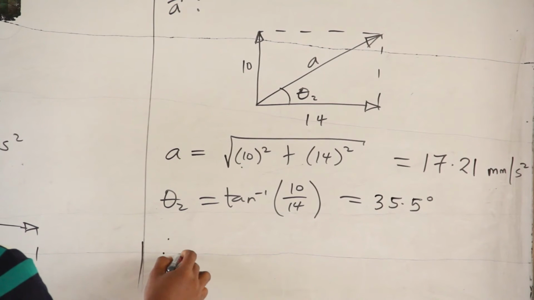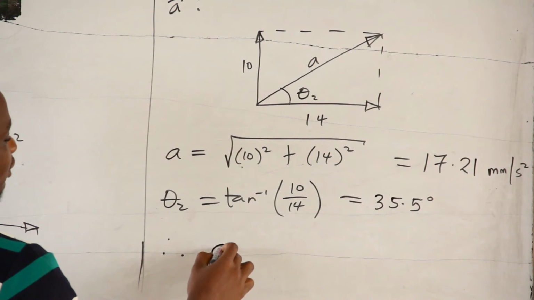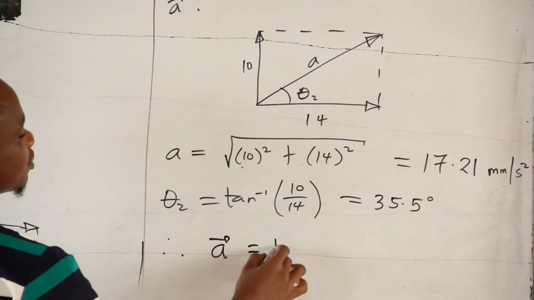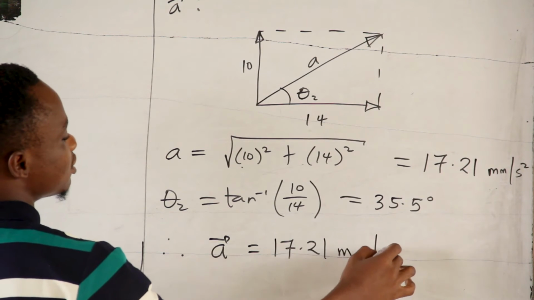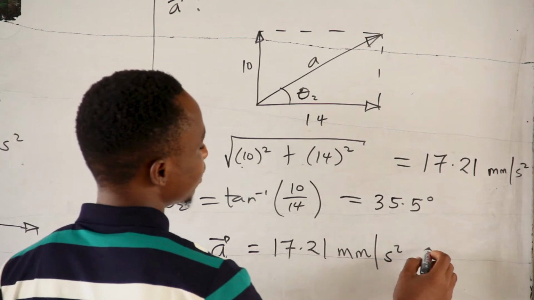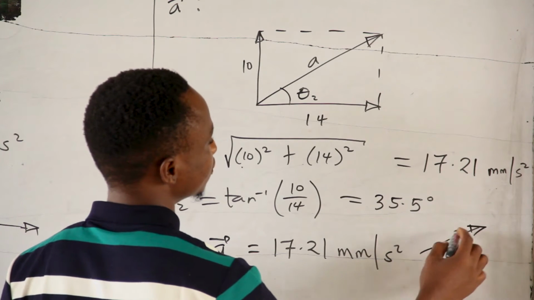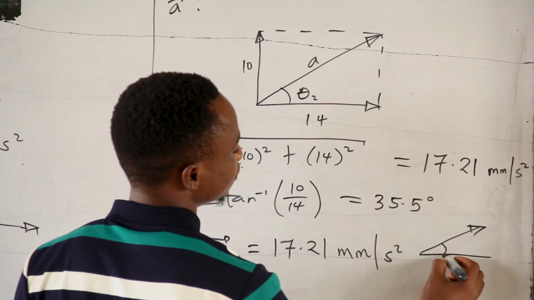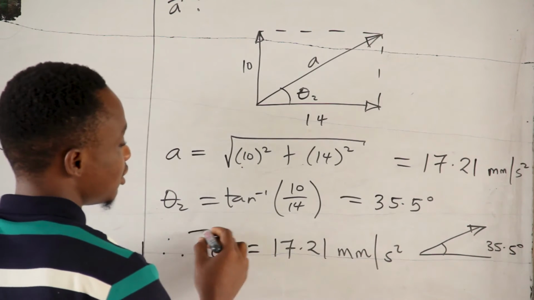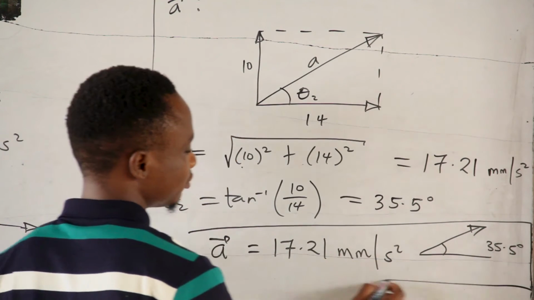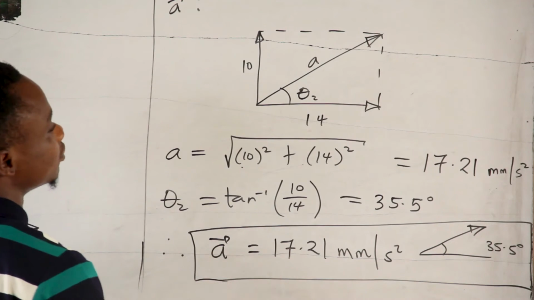So therefore, acceleration equals 17.21 millimeters per second squared, and the direction is 35.5 degrees.